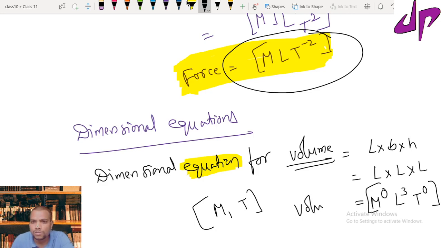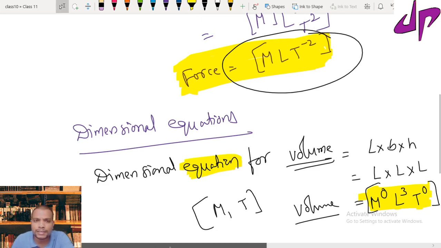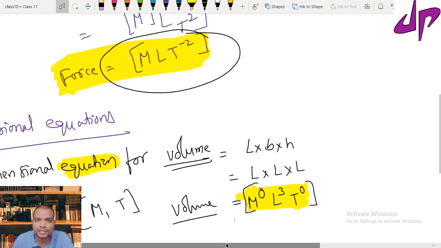Now the volume dimensions are M power 0, L cube, and T power 0, and this we call the dimensional equation for the volume.